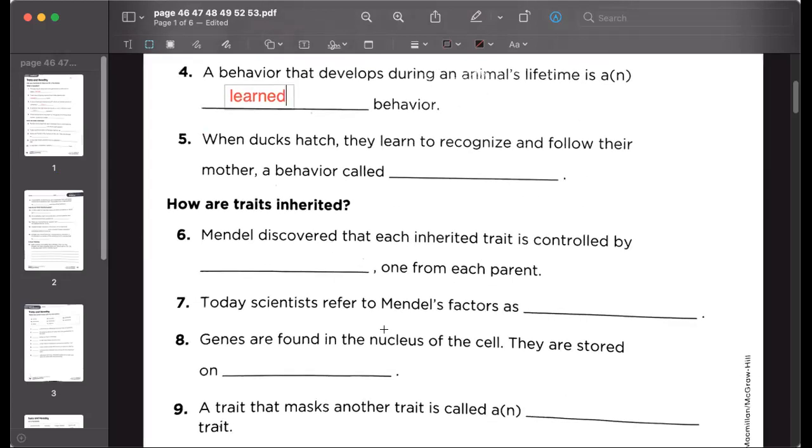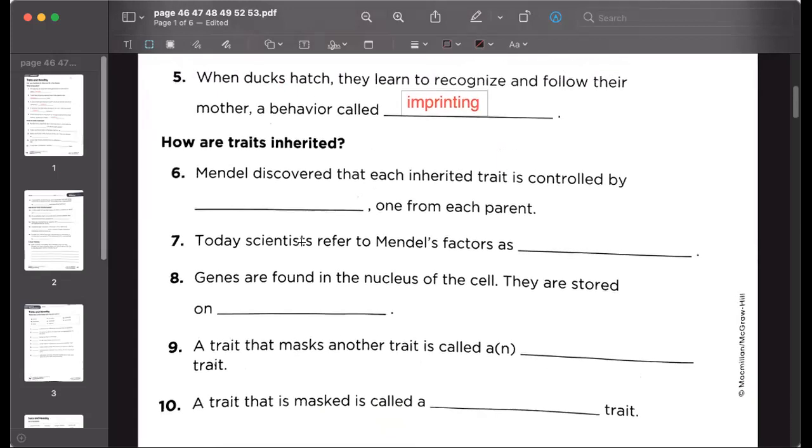Number 5: when ducks hatch, they learn to recognize and follow their mother, a behavior called... very nice. This one we name as imprinting.